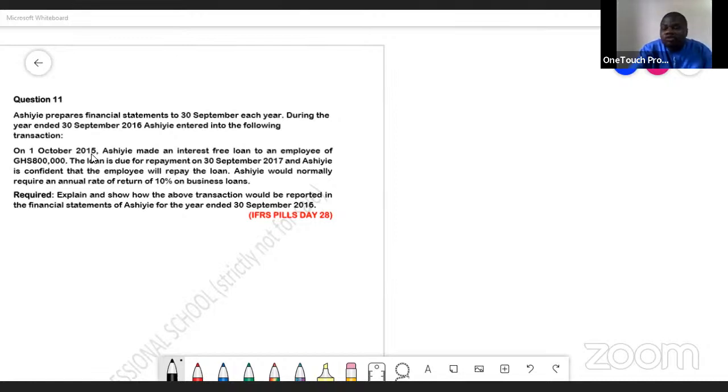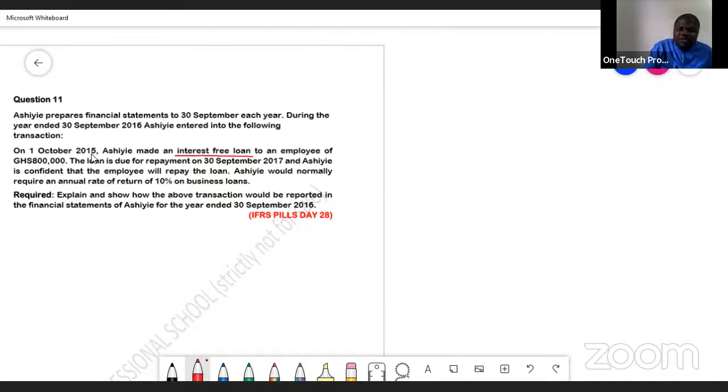On 1st October 2015, that is at the beginning of the current year, ICA made an interest-free loan to an employee of 800,000. The loan is due for repayment on 30th September 2017, and ICA is confident that the employee will repay the loan.